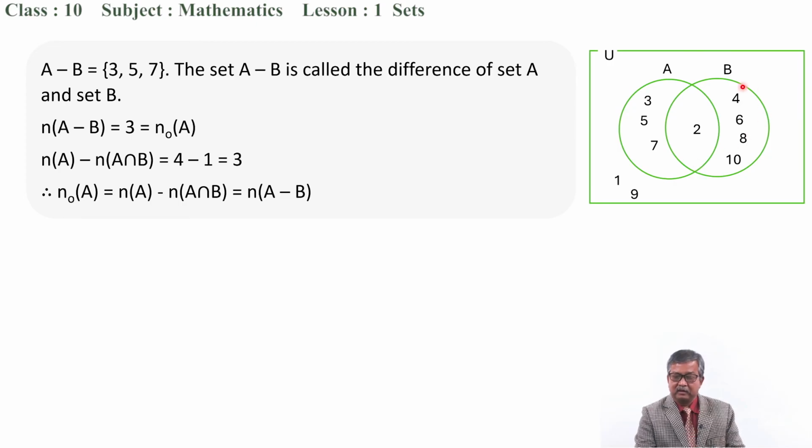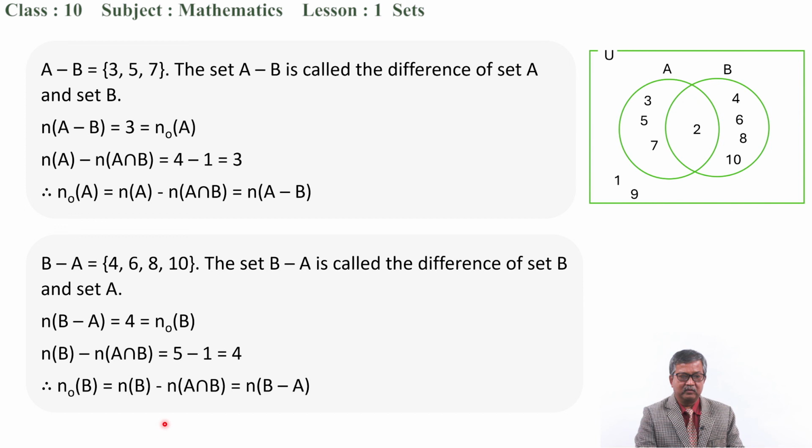And the cardinality of set B minus the intersection of sets A and B is what? 5 minus 1, that is 4. So we can say that cardinality of B only is equal to cardinality of B minus cardinality of A intersection B, that is cardinality of B minus A. So this is the other operation, the difference of two sets.